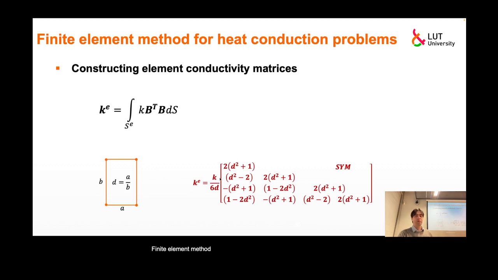So there is what is inside this matrix. In front of it, we have this conductivity property, just the conductivity of our material. And inside, we have nothing but the aspect ratio. It could be a little more complicated if I considered not a rectangular element but a more general shape, but let's keep it as simple as possible.